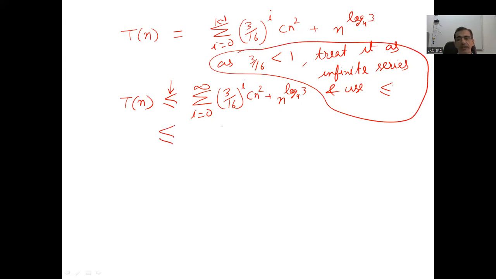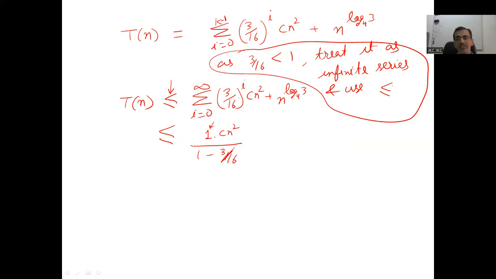Then I can subsequently write that this becomes nothing but a upon 1 minus r. So a is 3 by 16 raised to 0. That will effectively mean 3 by 16 raised to 0 is 1 into Cn square divided by 1 minus the ratio. Ratio is 3 by 16 every time.